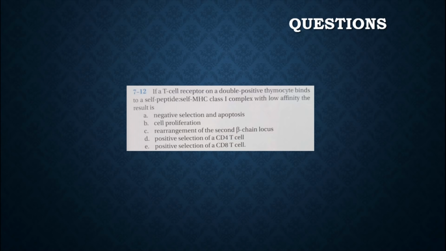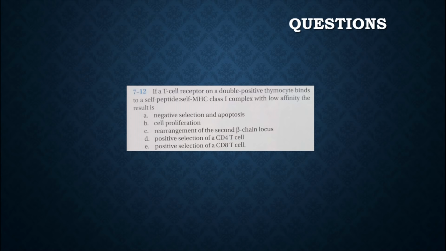Take a ponder at the answer. Why would you say E? Because if it's double positive, that means it hasn't yet gone through positive selection. And so if it binds to the self MHC class 1, that would dictate it towards CD8.